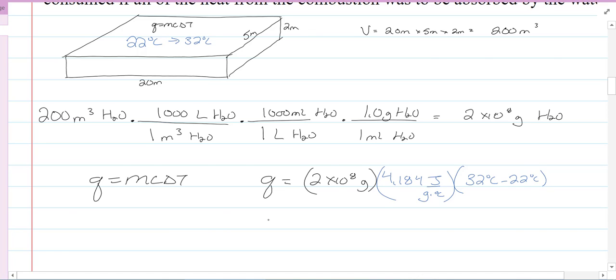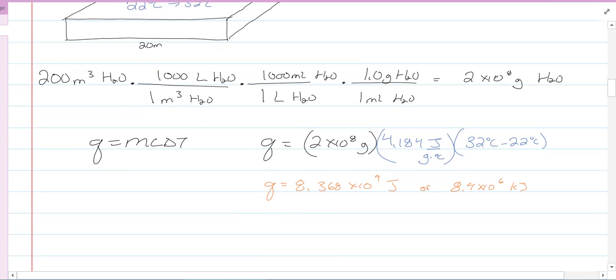So that means my heat that I need is 8.368, 8.4 times 10 to the 9th joules, or 8.4 times 10 to the 6th kilojoules.